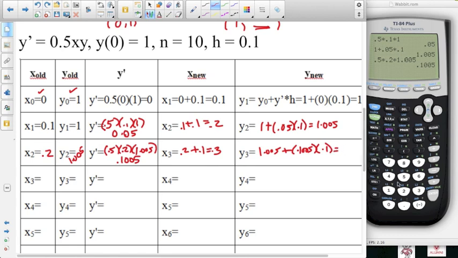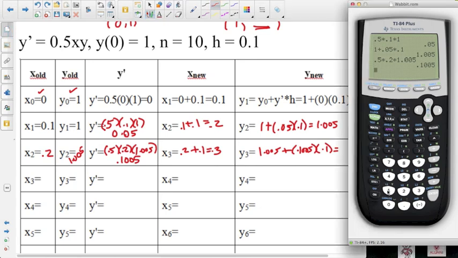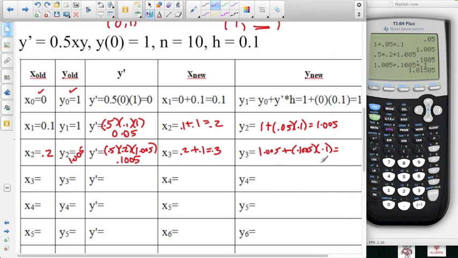So our new y3 is 1.005 plus 0.1005 times 0.1. And so our new y3 is 1.01505.